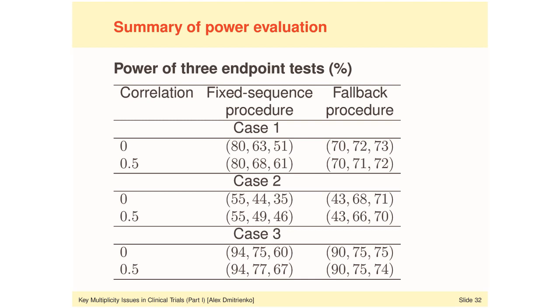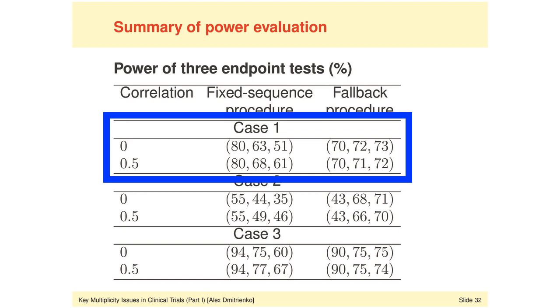And we're also going to differentiate between the cases when the endpoints are independent, when the common correlation coefficient is 0, or when they are moderately to strongly correlated, which means that the common correlation coefficient is 0.5. Case 1, just to remind you, was defined as the case when all 3 endpoint tests were adequately powered.